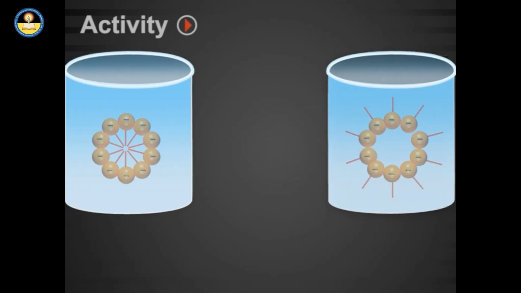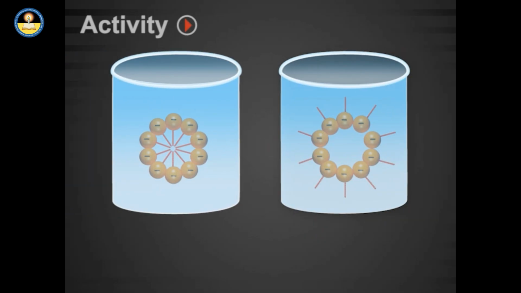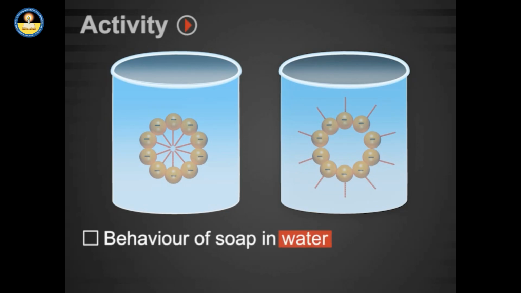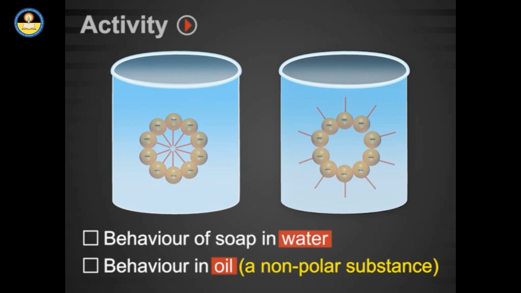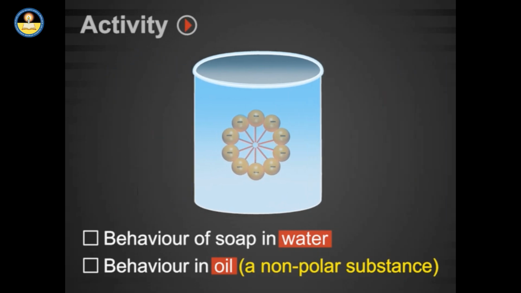Let us now determine which model shows the behavior of soap in water and which shows its behavior in oil, a non-polar substance. Choose the appropriate solvent name. After having a look at the first figure, which one do you think is the correct answer? Water or oil?